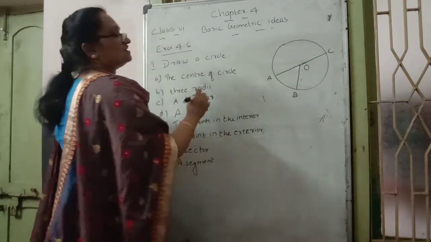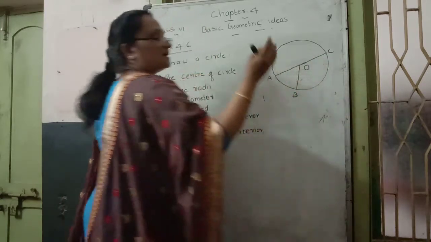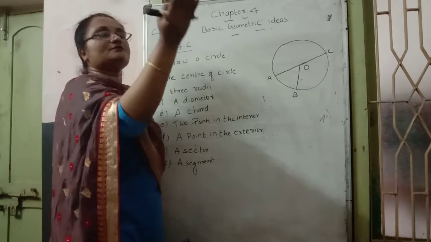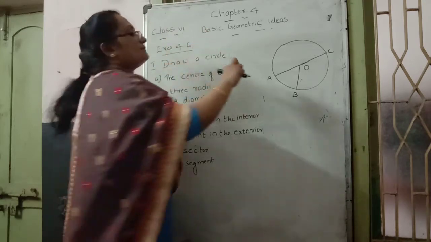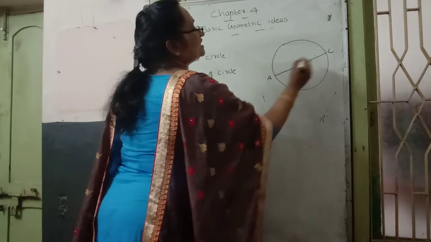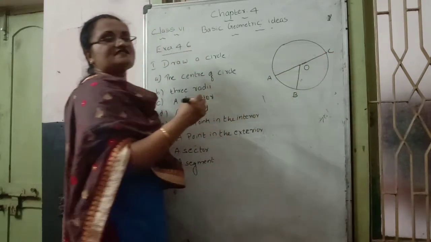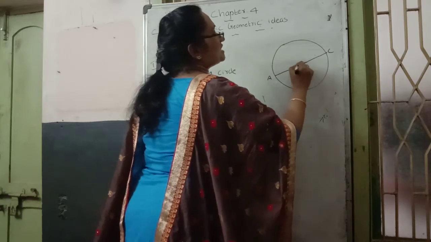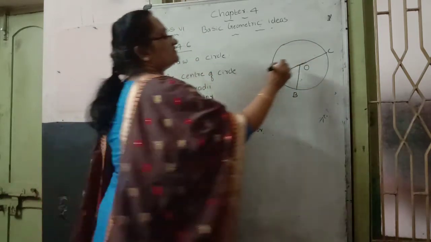Next, diameter. Diameter means a line segment passing through the center of the circle and joining 2 points of the circle. Here, it must and should pass through the center. Where is our center?